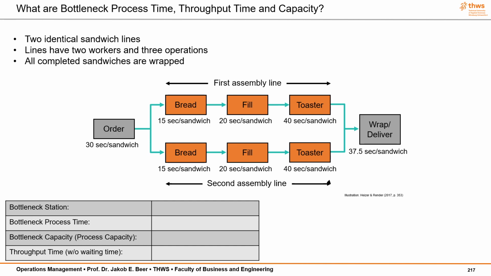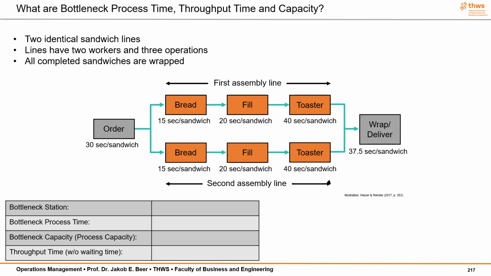So effectively, we can produce twice as many sandwiches, and that basically breaks down the process time to 20 seconds per sandwich. So then, the station with the longest process time is wrap deliver, which takes 37.5 seconds per sandwich. So now we have identified the bottleneck station, and we also know the bottleneck process time.